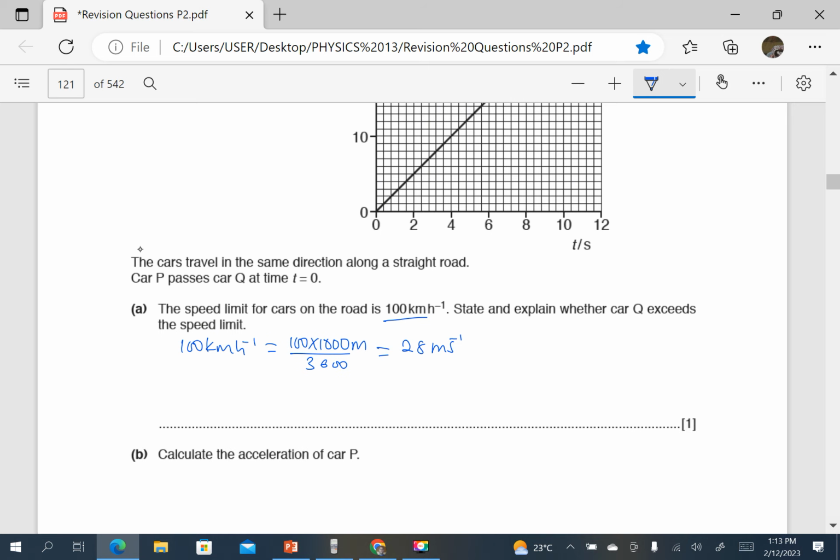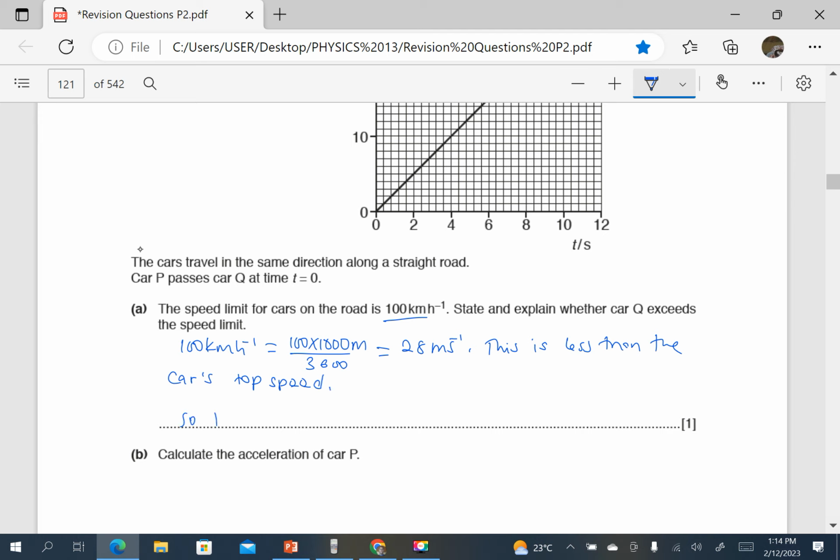So this is less than the car's top speed. It is less than the car's top speed.